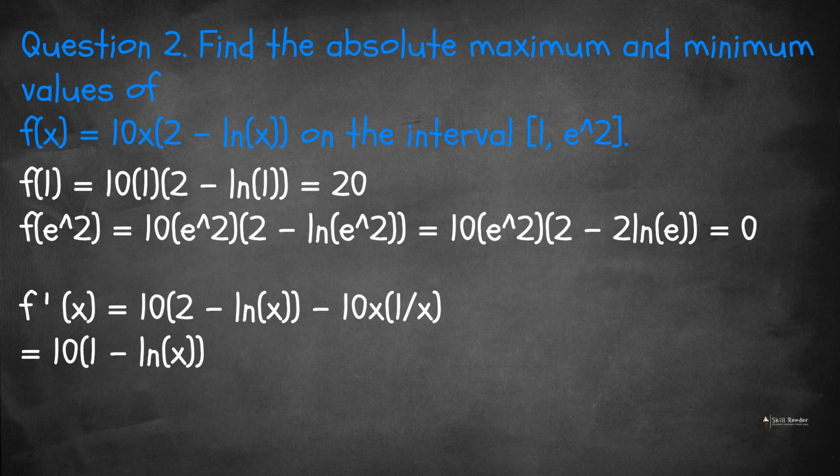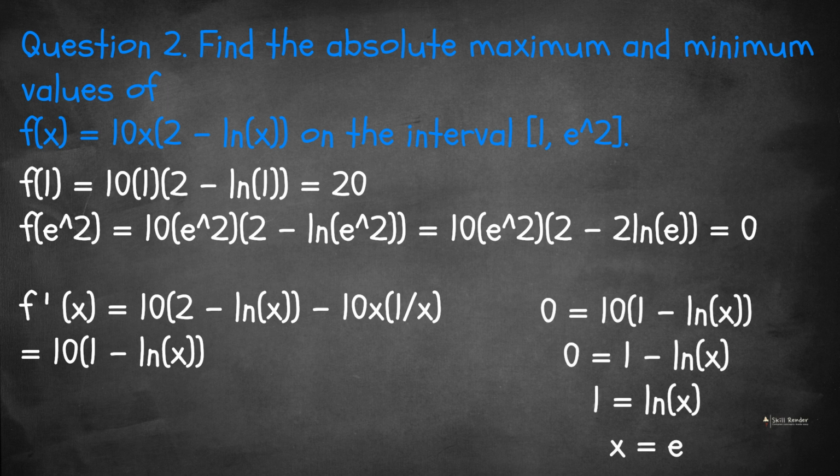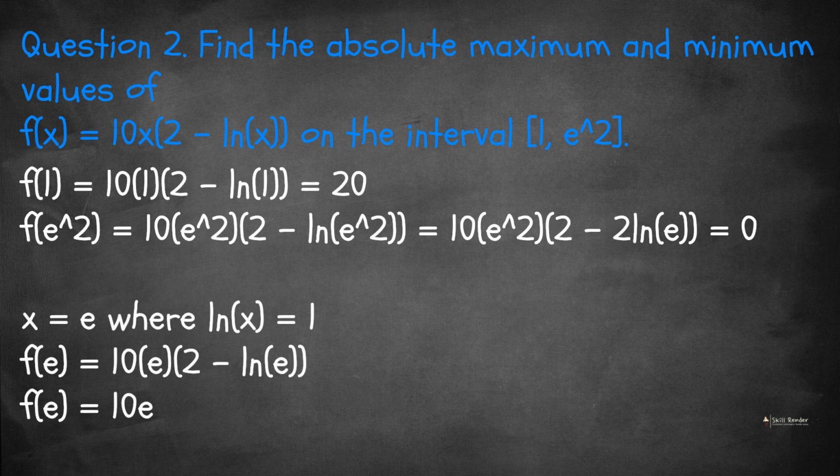Setting it equal to 0, we get 0 is equal to 10 times 1 minus the natural log of x. 0 is equal to 1 minus the natural log of x. 1 equals the natural log of x. So x equals e.